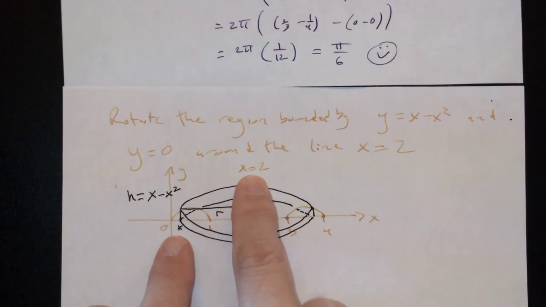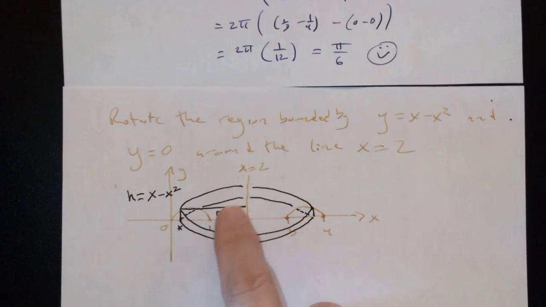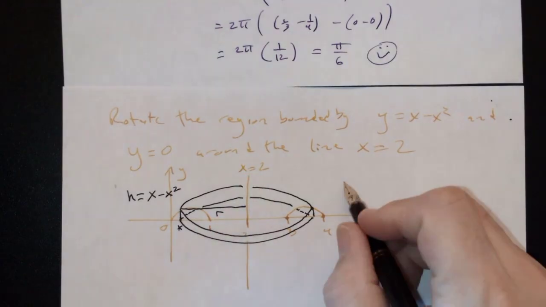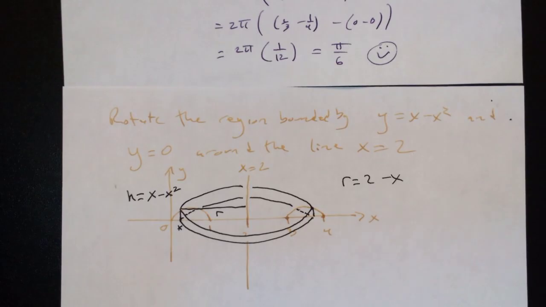And I moved over by x to make my slice, so the radius is 2 minus x. For what set of x values? I only choose an x in the original piece of the graph, right? It means the x has to be between 0 and 1.